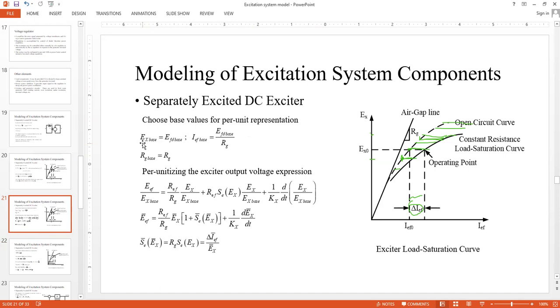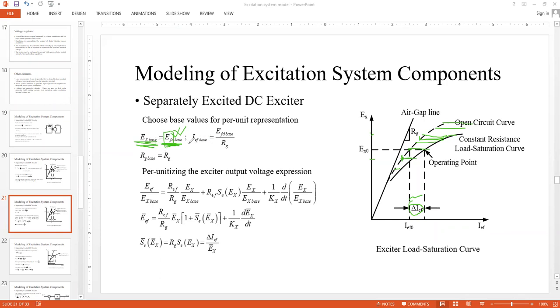The output of the exciter base is the same as the EFD base. This EFD base was required in the synchronous machine modeling part. Remember, EFD is already present in our third order model. So whatever base we chose there for per unitization, the same EFD base, exciter field voltage base, is chosen as the exciter output voltage base, EX base.